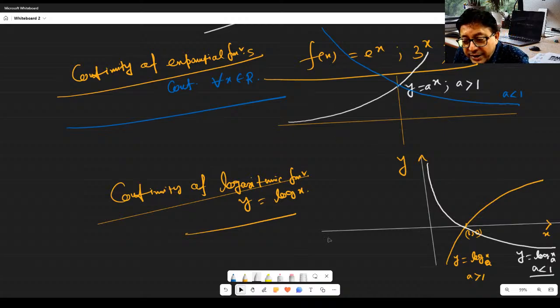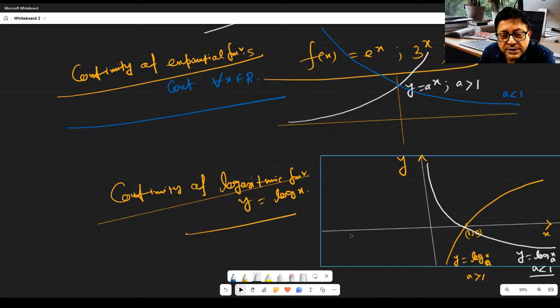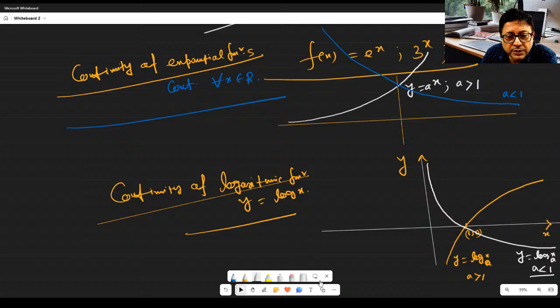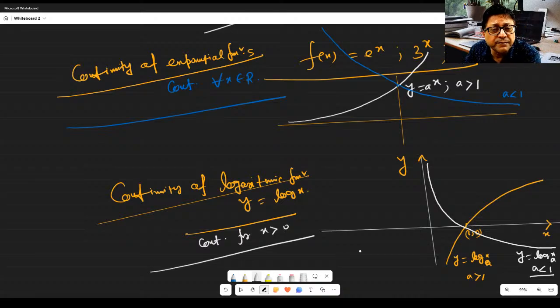Clear? Understand? Now, write your comment here. It is continuous for x greater than 0. Again, in its domain of definition. So the logarithmic function is done.